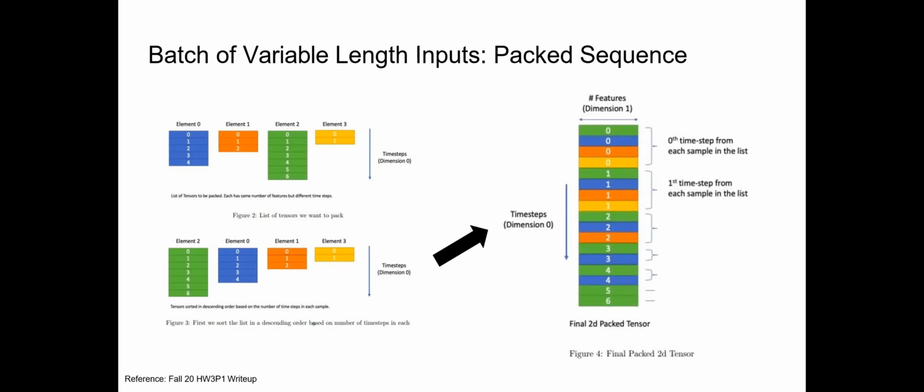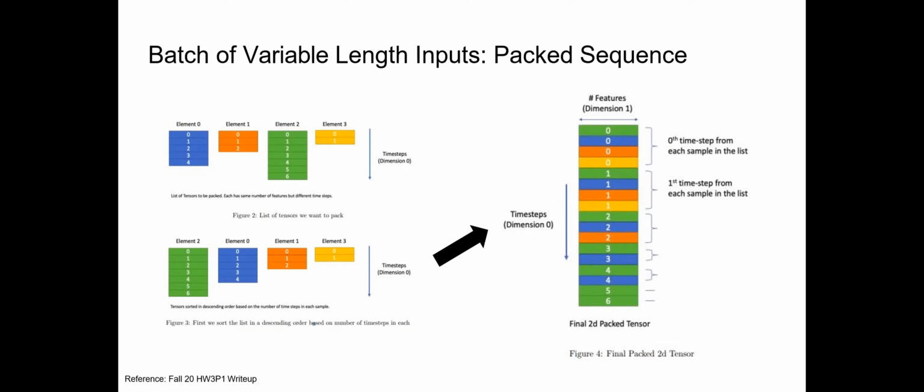We don't have to pad zeros anywhere, and still we have this rectangular shaped data. This is what we need for giving an input to the PyTorch functions. The only thing is, this being a PyTorch function, we need it to be padded with zeros.